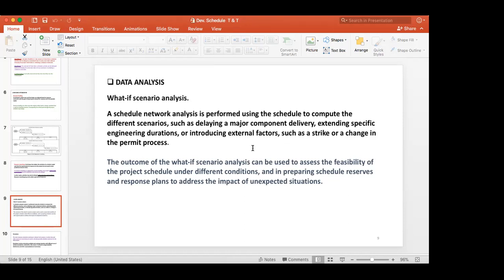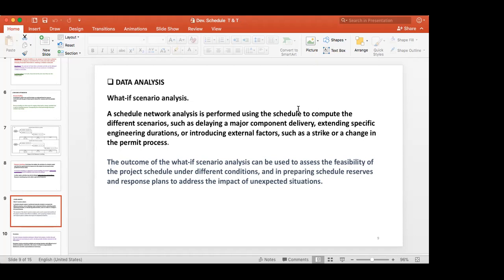Likewise, you identify all these risks as early as possible. That is why, in this what-if scenario analysis, the schedule network analysis is performed using the schedule to compute the different scenarios, such as delaying a major component delivery, extending specific engineering durations, or introducing external factors such as a strike or change in the permit process. So those are external factors.